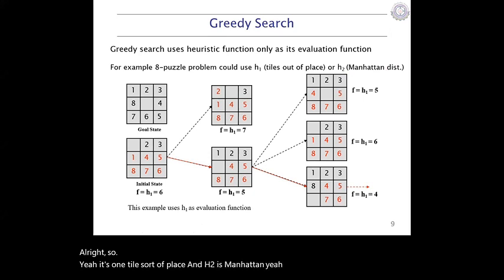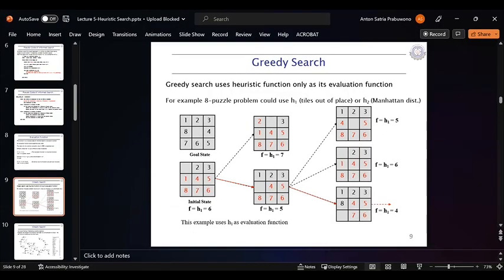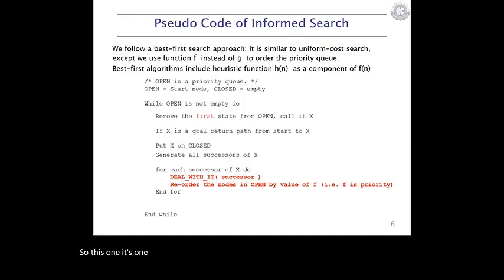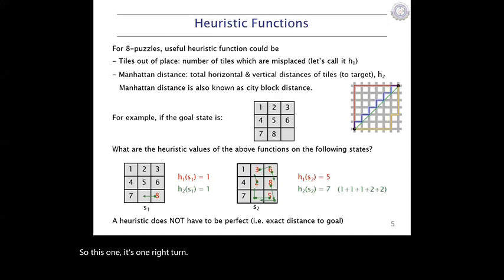H1 we can also call the Hamming distance. If I check the reference, H1 is Hamming distance, and H2 is Manhattan distance. Later on I will add this to the slide.